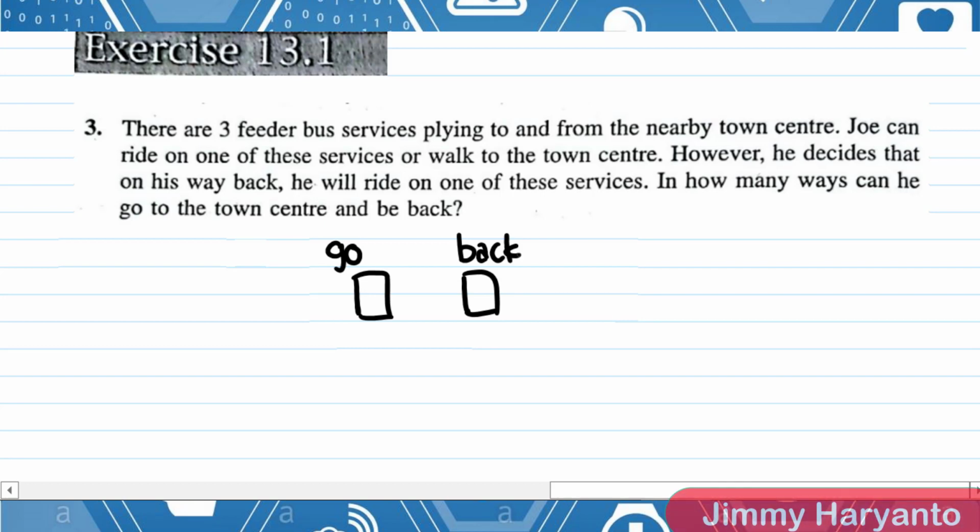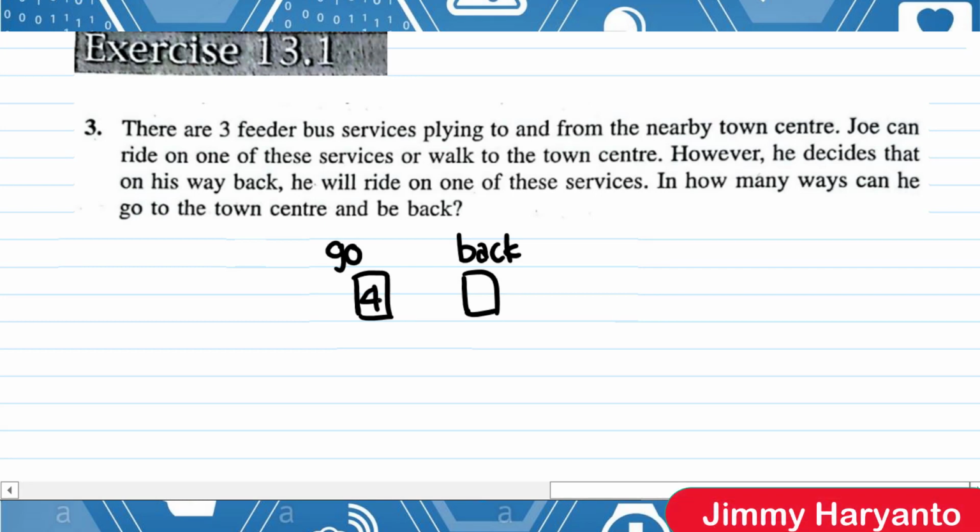For the first one, go to the nearby town center, Joe has 4 different choices. He can use the bus services, 3 bus services, or walk. So he has 4 choices, which is 3 bus services and 1 is walking. So we have 4 possibilities for going to the town center.